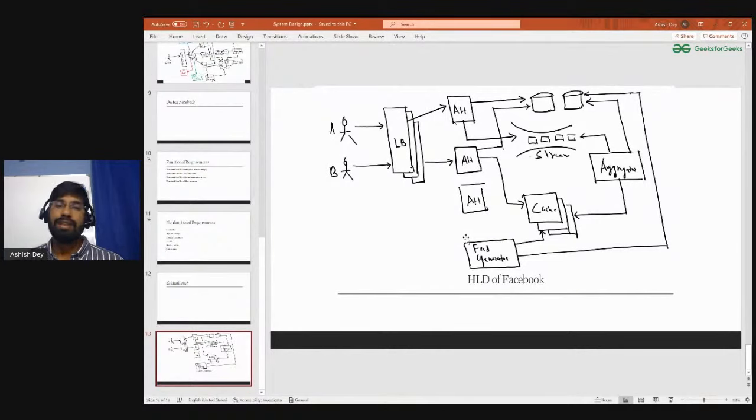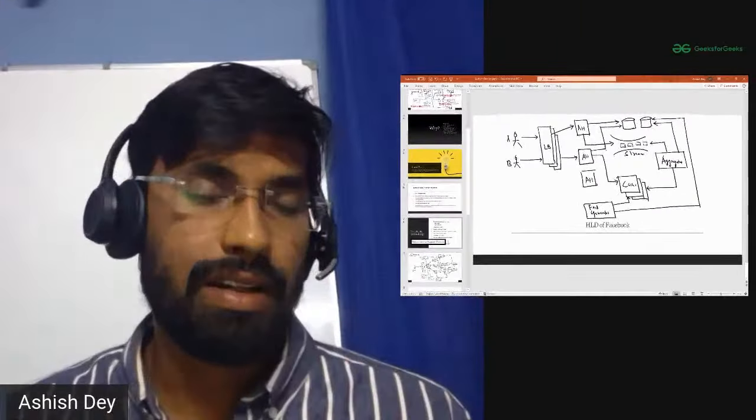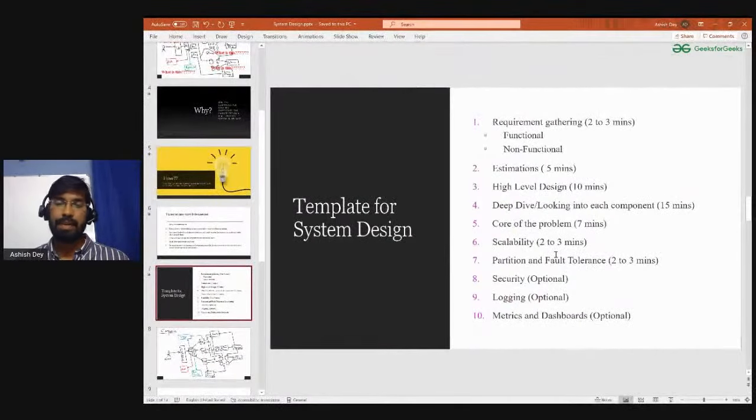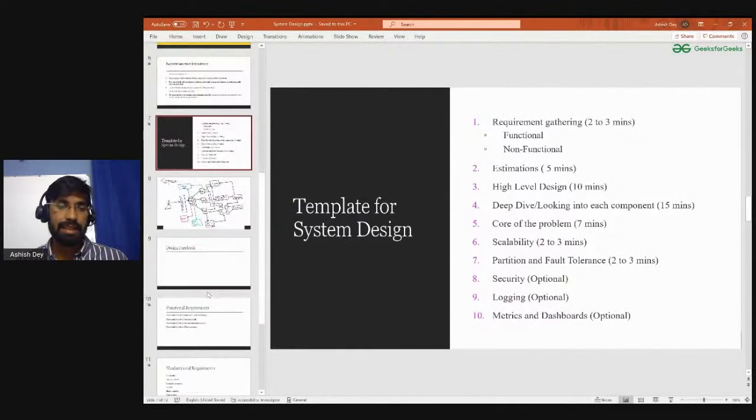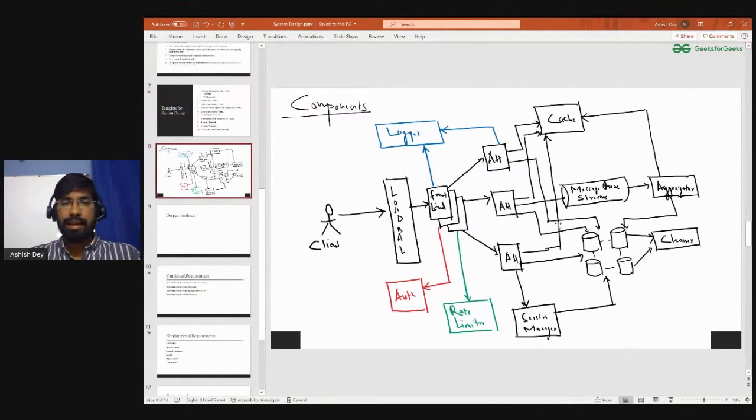And also, as I mentioned already, you have to discuss a lot of other things, which are scalability, partition fault tolerance, and the scalability I was talking about in each layer.